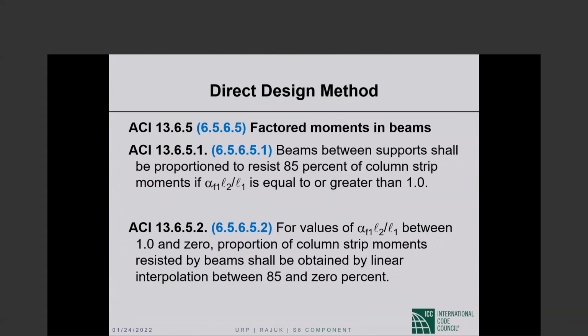If the column strip does include a beam, beams between supports shall be proportioned to resist 85% of the column strip moment.